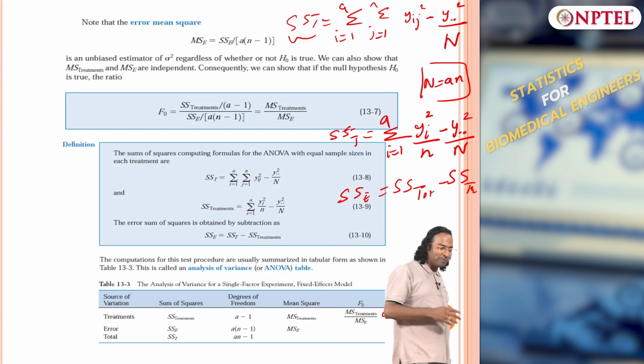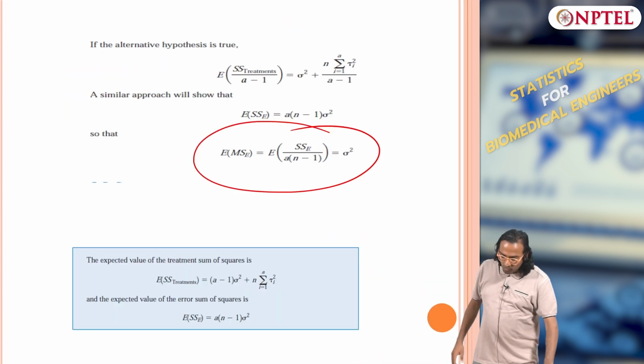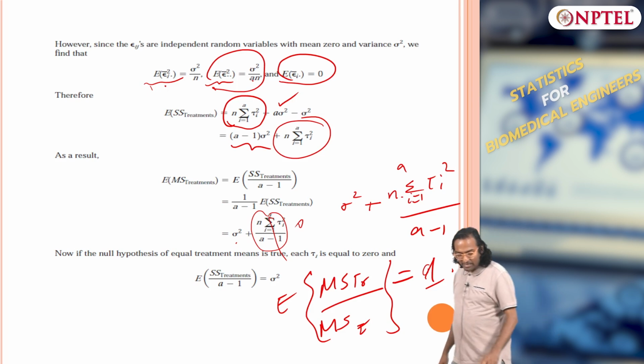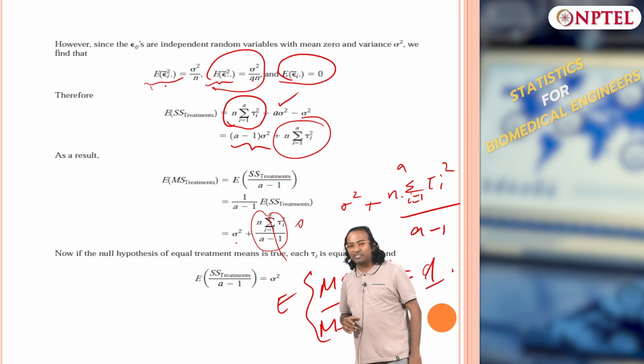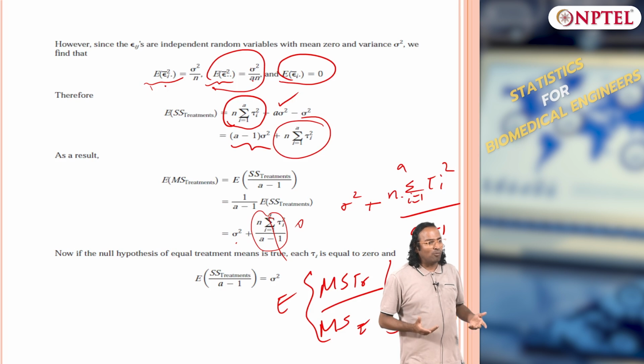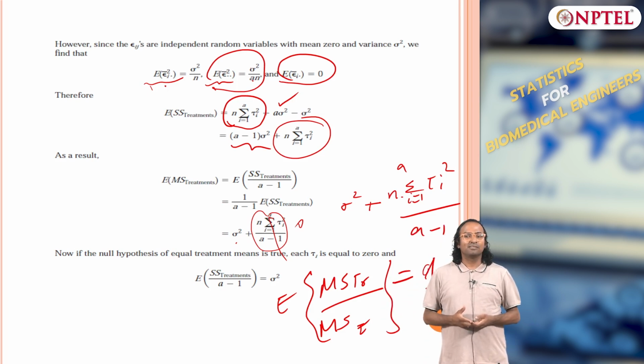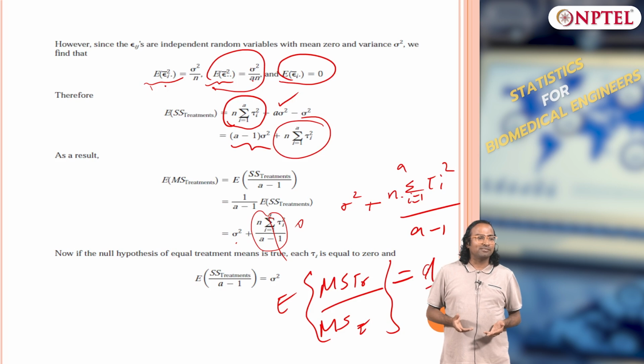The expected value of mean square treatment was composed of two parts, right. One is sigma squared, the other one is the summation of tau i squared. What if it is sigma squared multiplied by something else? Then you cannot use the F test, you understand. What if it is a multiplication instead of an addition?